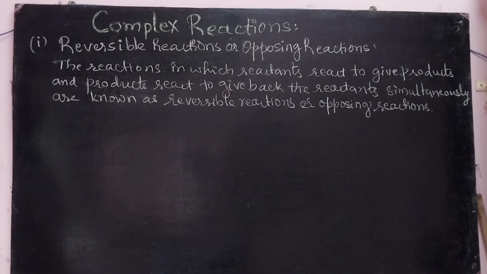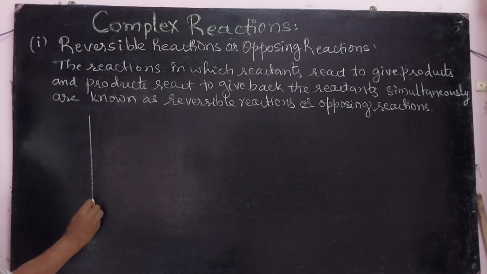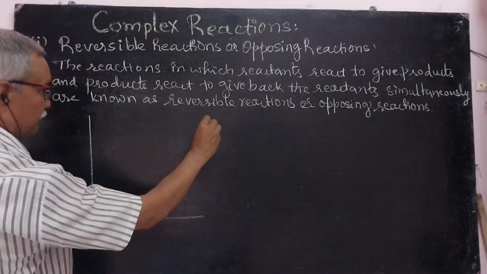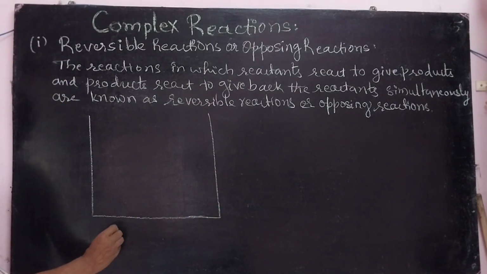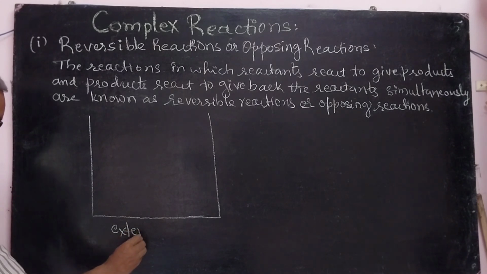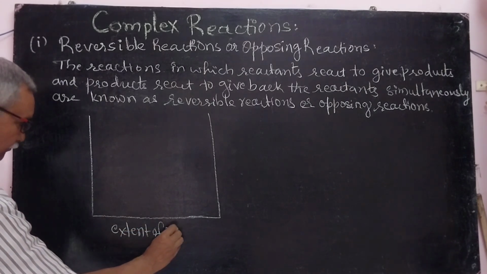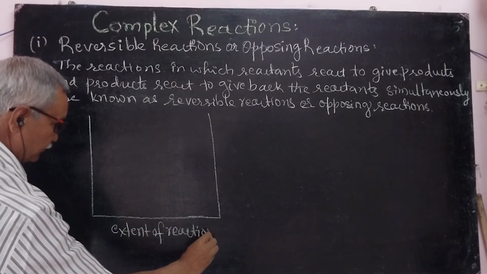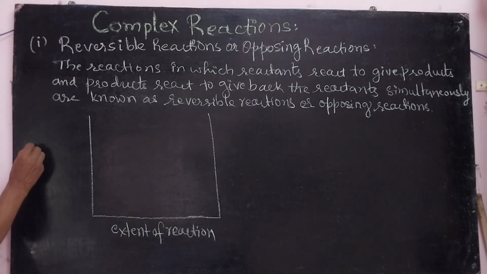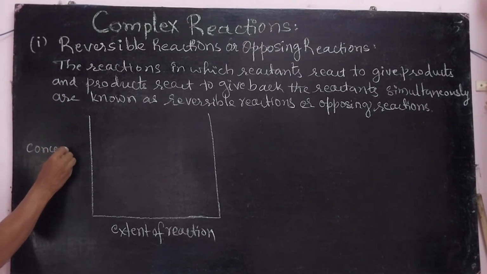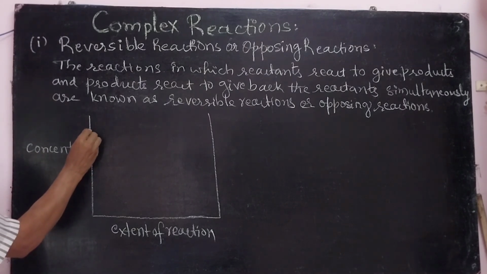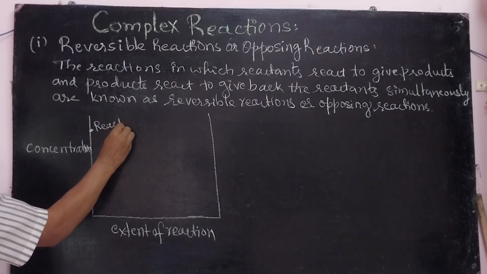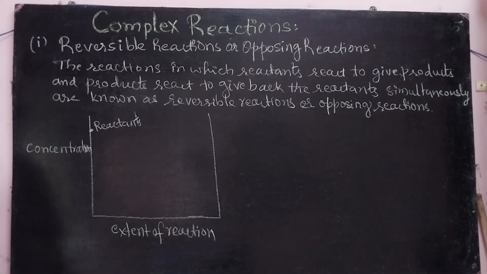It can be explained with the help of the diagram. That is extent of a reaction. Here this is concentration. Now suppose at this point reactants concentration.